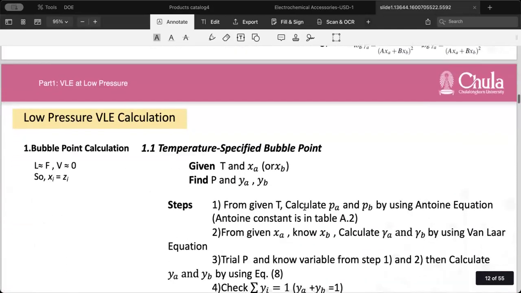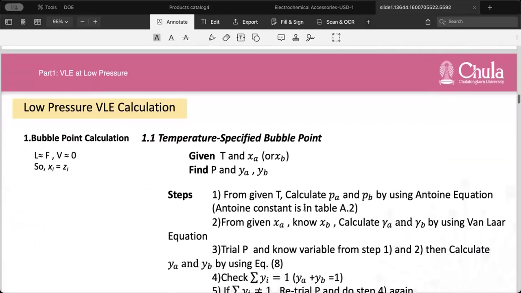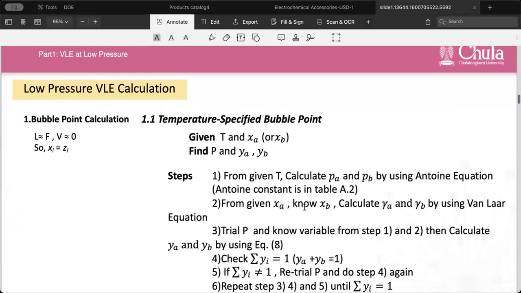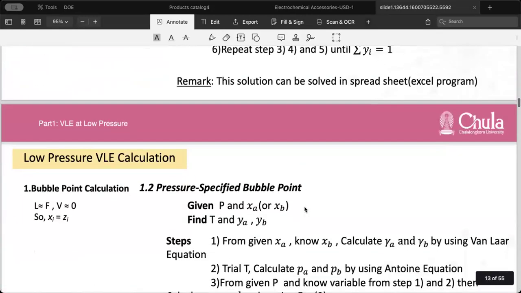Then we discussed the calculations related to VLE. We have bubble point calculation, and we have two types of bubble point calculation. One is when temperature is given, and the second one, the pressure is given.